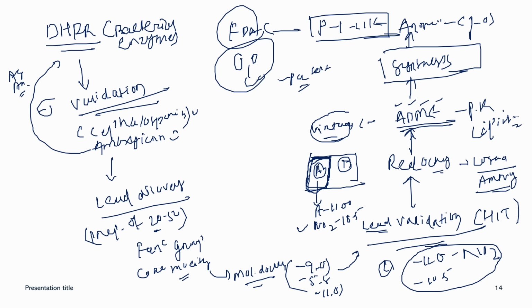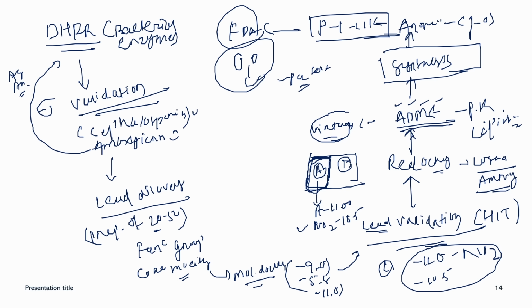There are also some challenges during synthesis. It might be possible that the compound is not synthesized easily, and it costs more manpower and more chemicals. That is also one drawback. All things have their pros and cons.